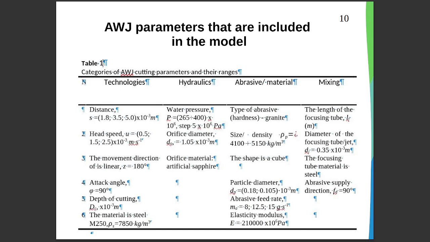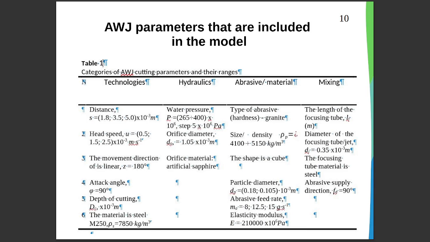The most favorable conditions for effective implementation of AWJ cutting can be achieved by choosing its optimal parameters: the pressure of the working fluid, the shape and diameter of the nozzle opening, the distance of the nozzle from the surface to be cut, the feed rate, and the number of passes required for material cutting.